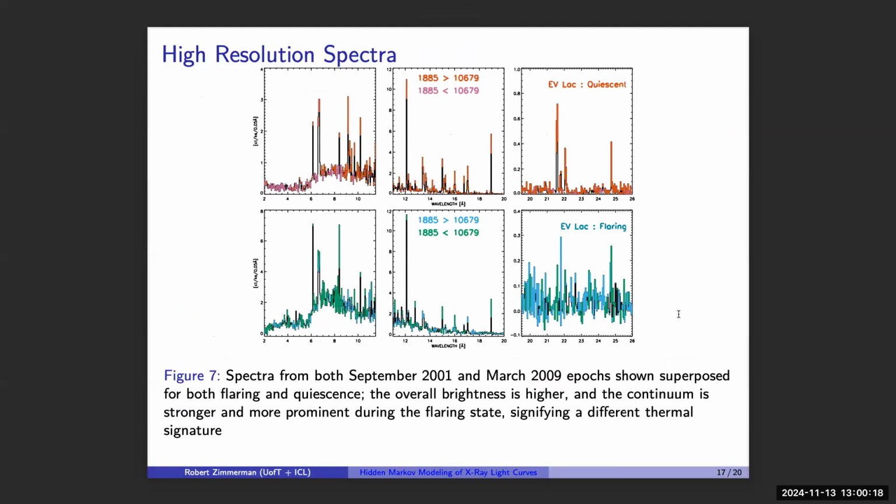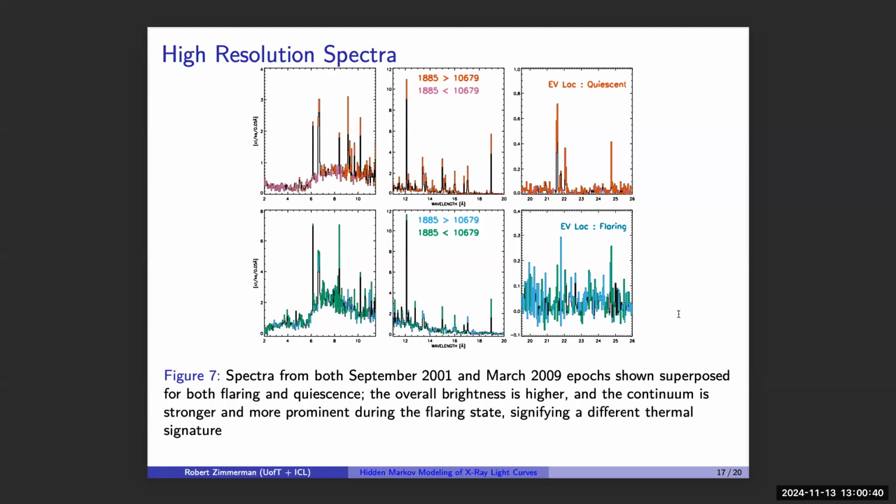Looking at the quiescent, it looks like the levels of the emission lines are changing significantly from one time to another. But I guess the question is, are they changing in tandem with each other?